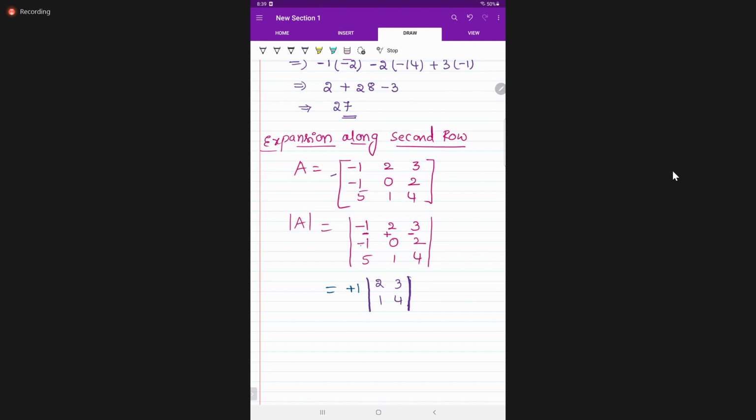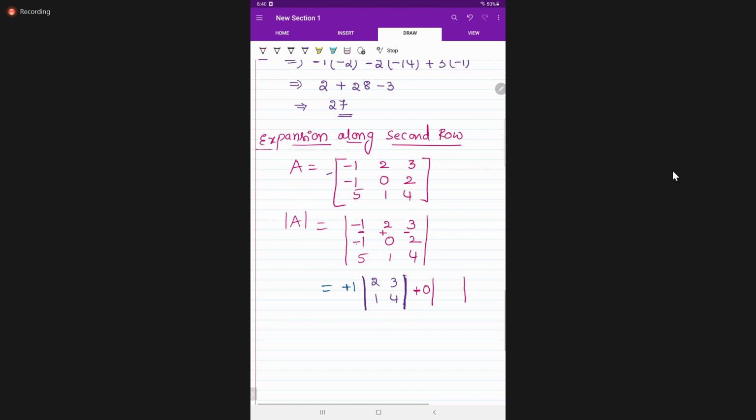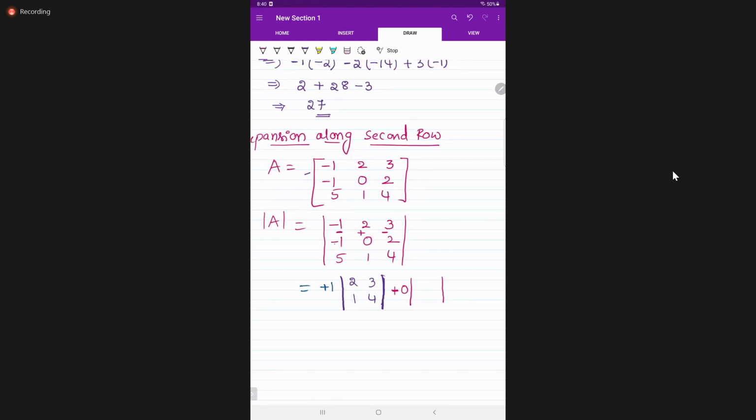Next, plus 1 completed. Next, what is the number? In the second row, what is the next element? Plus 0, ma'am. Plus 0 into the determinant of minus 1, 3, 5, 4: delete the second row and second column.